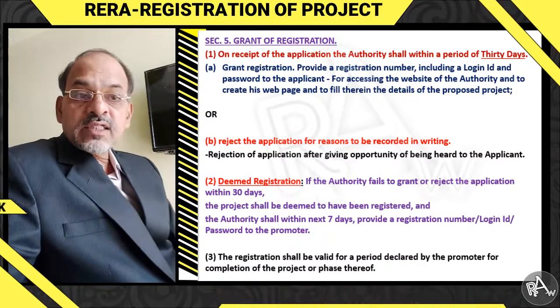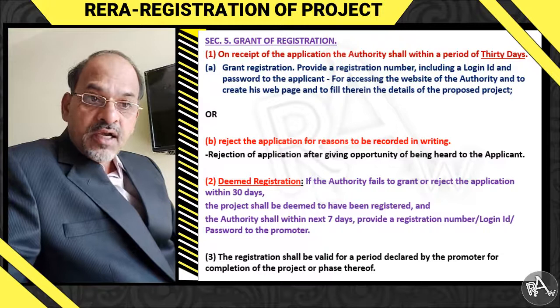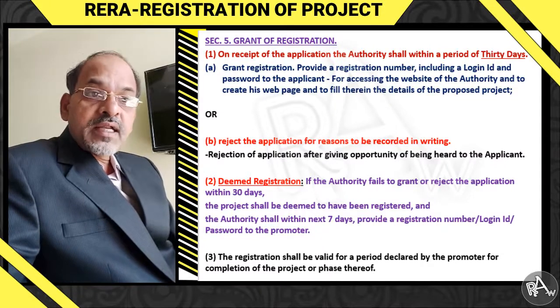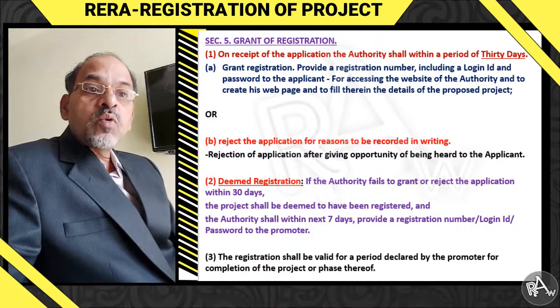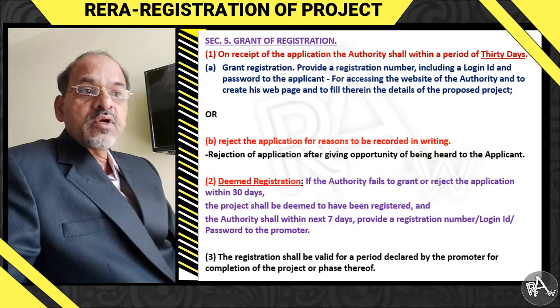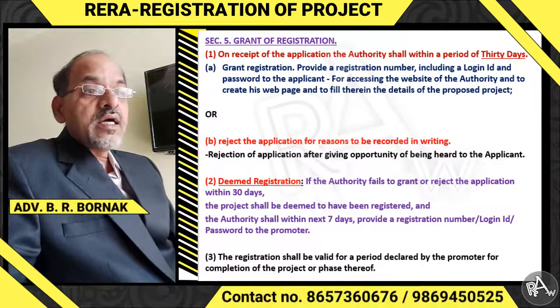This web page is also required to be updated quarterly. After every 3 months the web page is required to be updated, and this web page is open for public viewing. For that purpose he is given a login ID and password to access the website of the RERA authority.